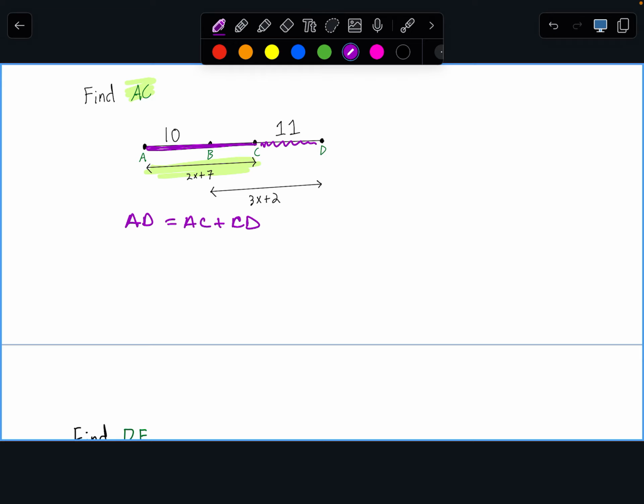And then I can look at it and say, well, this piece, 10, that I know, this is 10 right here, and this piece, that also equals AD. So I can say that AD equals AB plus BC.